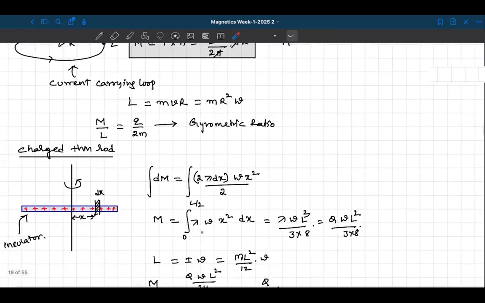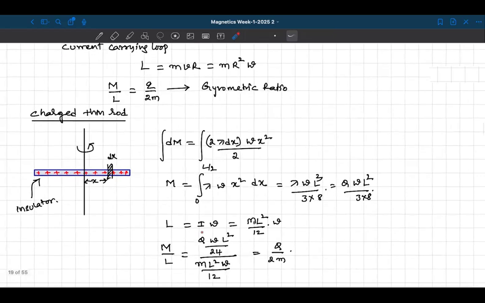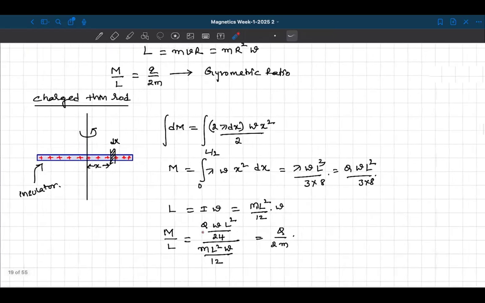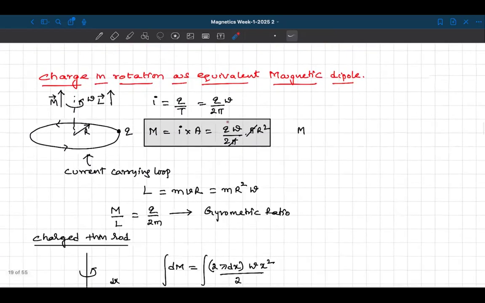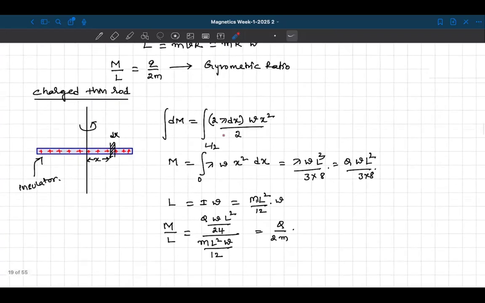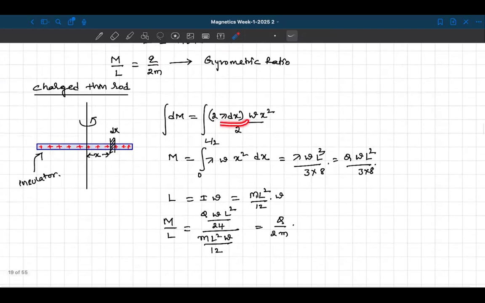For example, what if it is a charged thin rod rotating like this? Very simple. I will select only one charge element moving like this. What is the magnetic moment contribution of one such charge? You have the formula Q omega r square by 2. That is what I am writing. Sir, why have you written 2 times? One element over here, a similar element is also here.